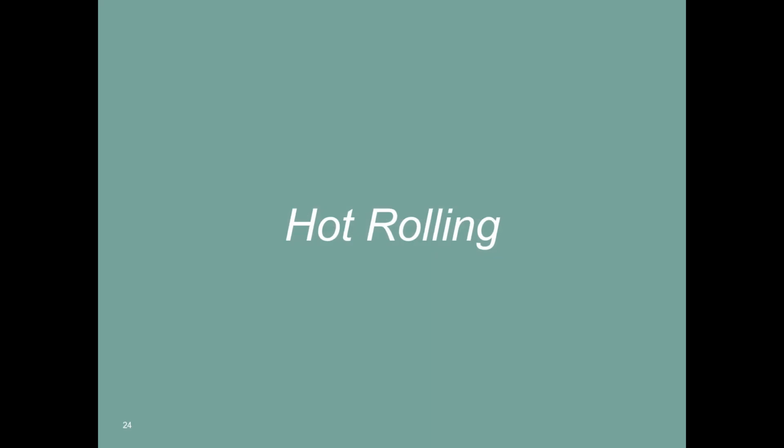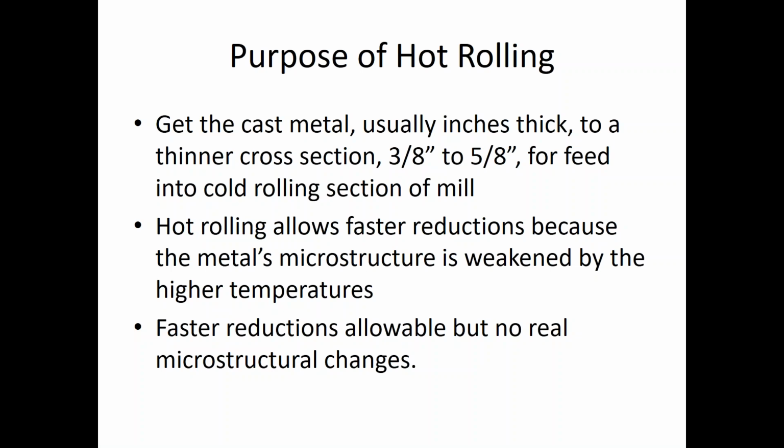Well, let's go on to hot rolling. This is what you do immediately after, or generally after, in the normal flow of operations after you cast something. The purpose of hot rolling is to get the cast metal, which can be between 5 and 7 inches thick, in some cases thinner, but usually thicker, producing a slab or a cake.